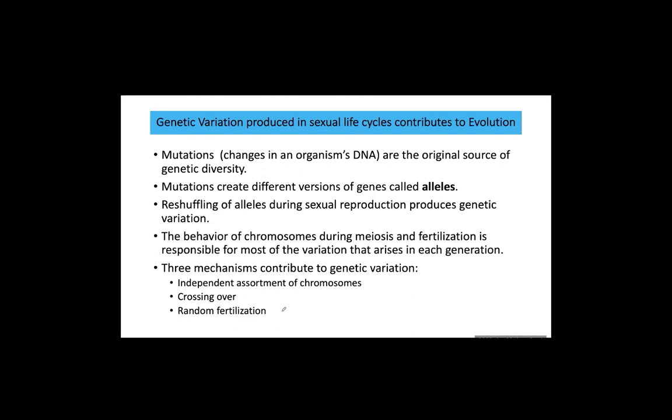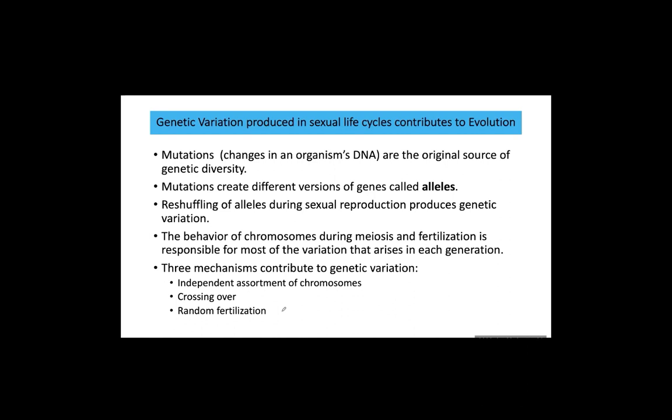Your brother's hat shows blue color, but both stand for the gene for hat. We call that alleles. An allele is a little bit like an isoform of the gene, okay? A different version of the same gene. So reshuffling of alleles during sexual reproduction produces genetic variation.